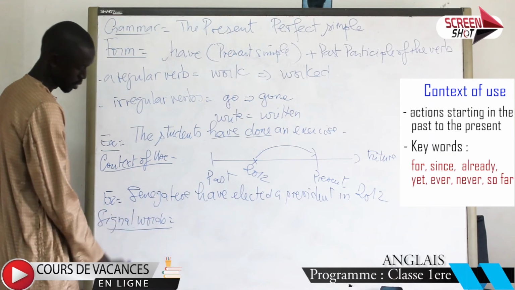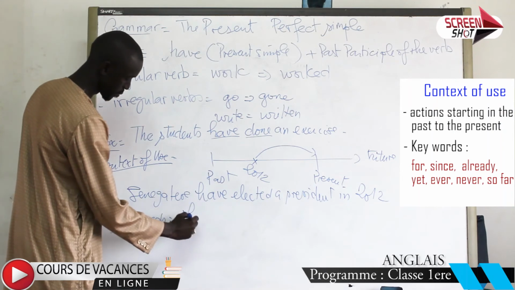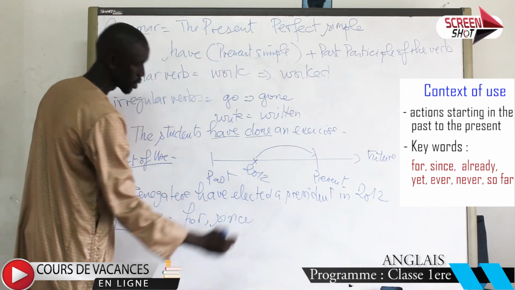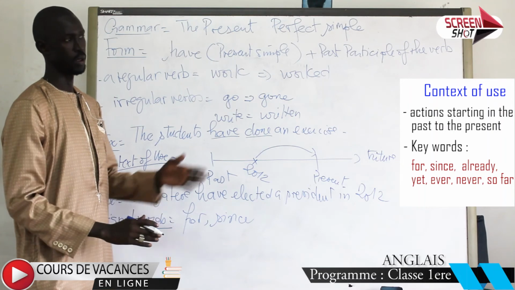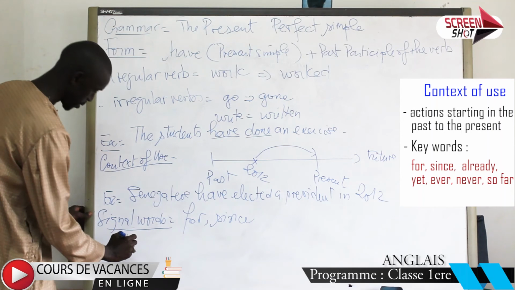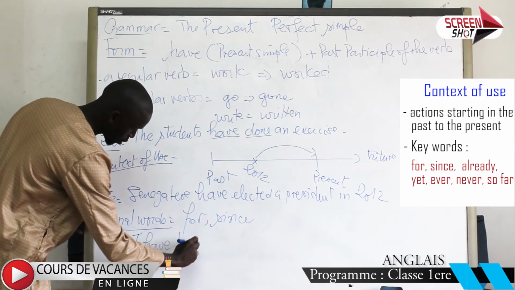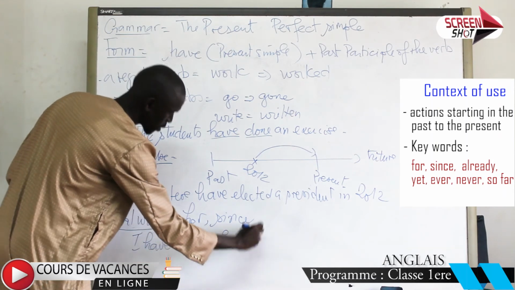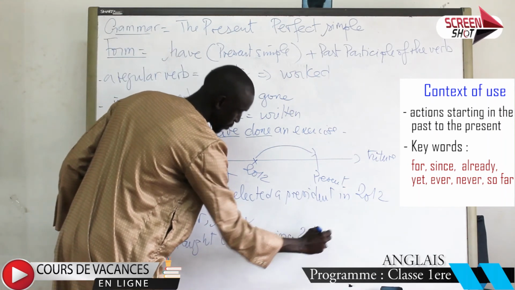But now for the signal words, the words that tell us to use this tense in a sentence, we have at first for, and also since. For, if we have a duration, we use for. If we have a starting point, we use since. For example, I have taught English since 2010.